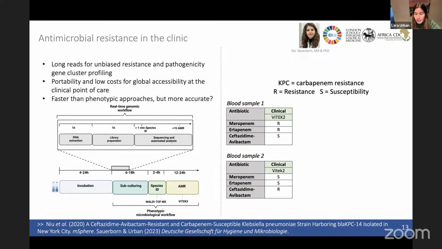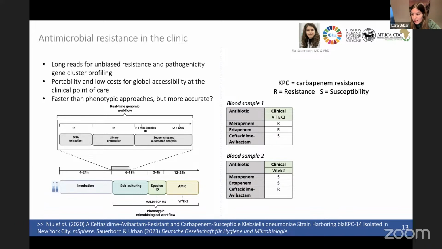Now, while antibiotic treatment administration was adapted and changed, the patient had unfortunately already deteriorated too much and passed away a short time after. But this was one of the cases that we had access to create our genomic data and dig into a bit deeper.